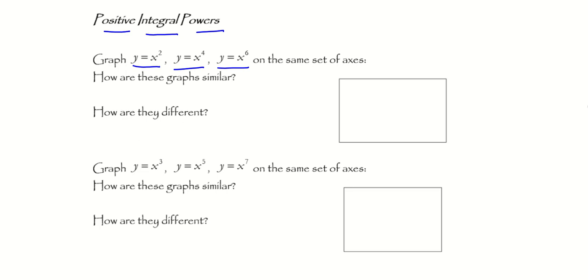Identify how these graphs are the same, so you should be able to give me 2 or 3 different things that are the same between those graphs, and then how they're different. And there's one important way that they're different. So if you will do that, pause, and you're going to answer these 2 questions on your Google form.